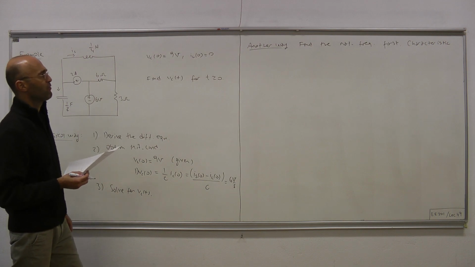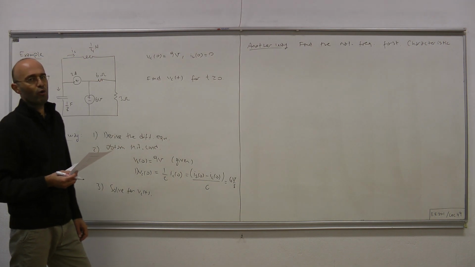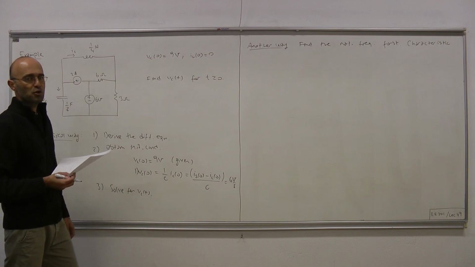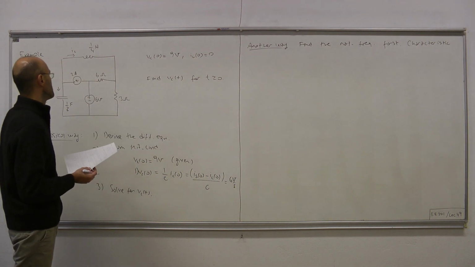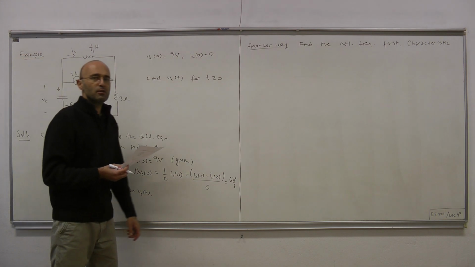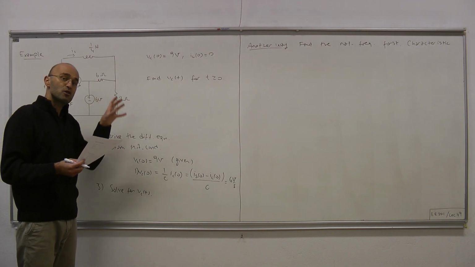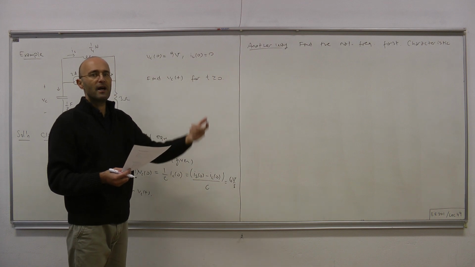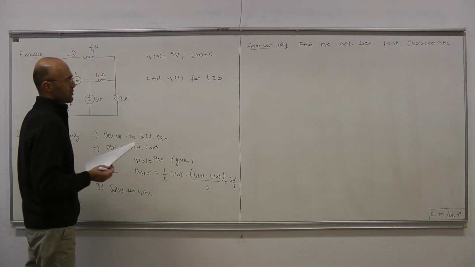So to find the characteristic polynomial, we can just kill all the independent sources, all the inputs in the circuit, and then consider that possibly simpler topology. And then using the differential equation of that homogeneous topology, we can figure out the characteristic polynomial and consequently the natural frequencies.